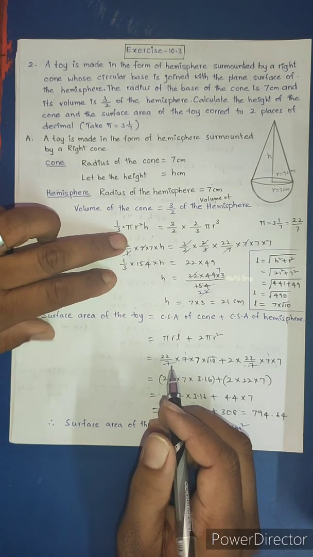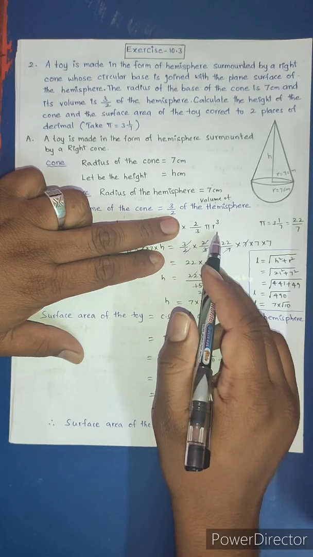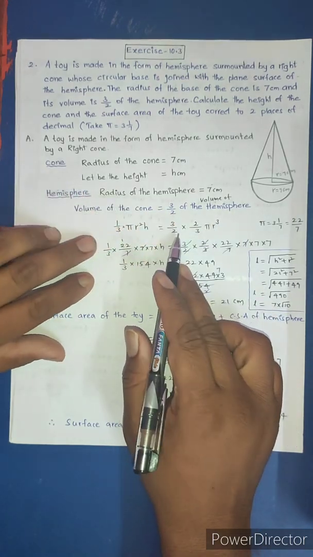So 1/3 pi r square h is equal to 2/3 pi r cubed, volume of hemisphere, into 3 by 2.